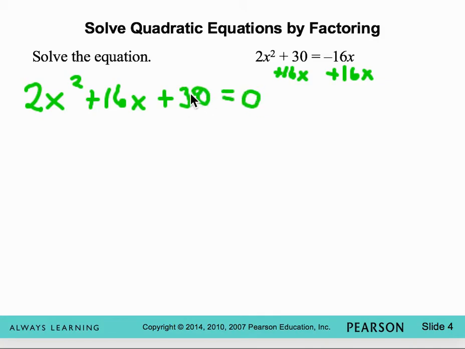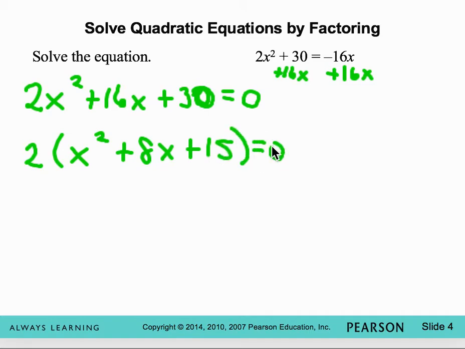And now I try to factor it. My first step in factoring this is factor out a 2, right? So then that'll leave me x squared plus 8x plus 15 equals 0.